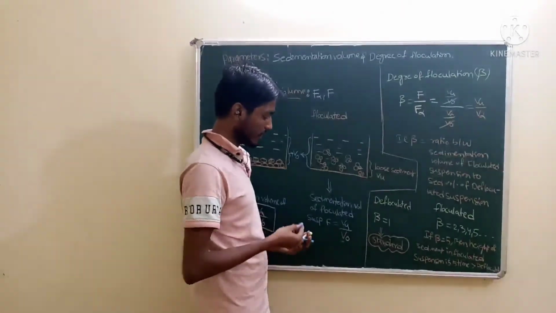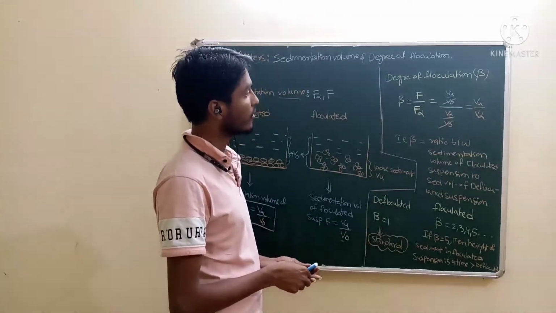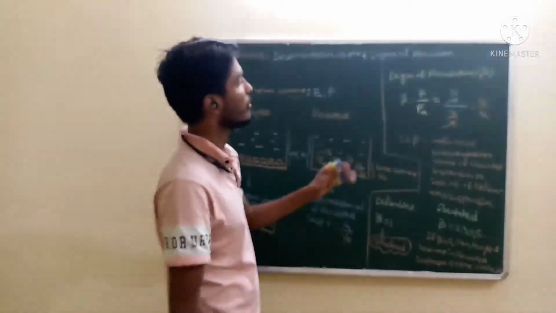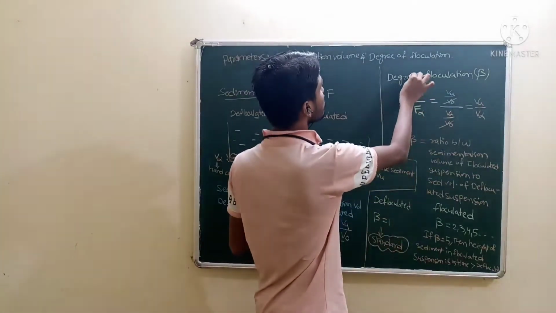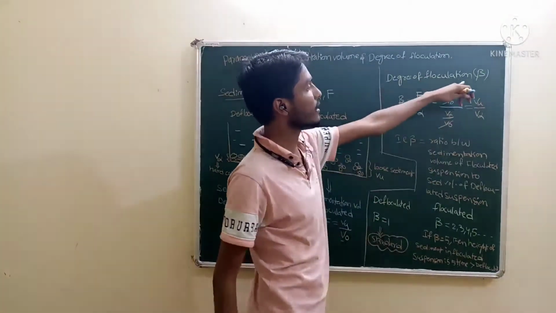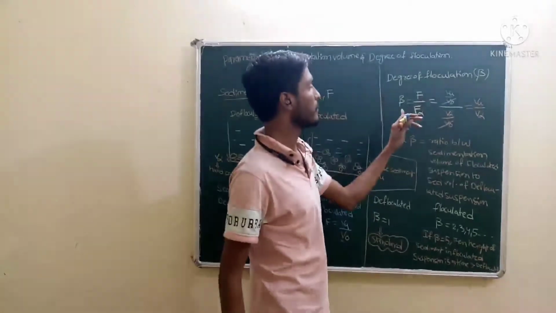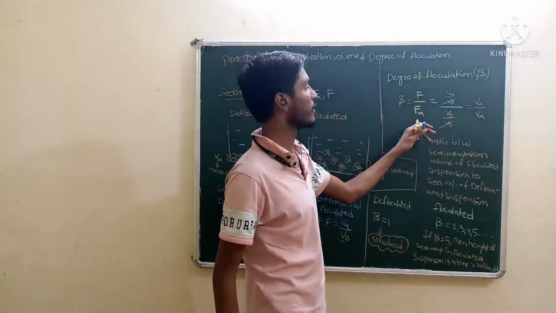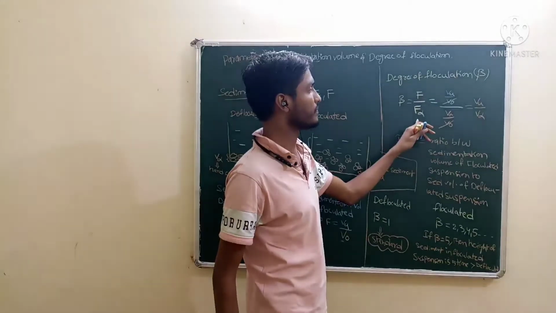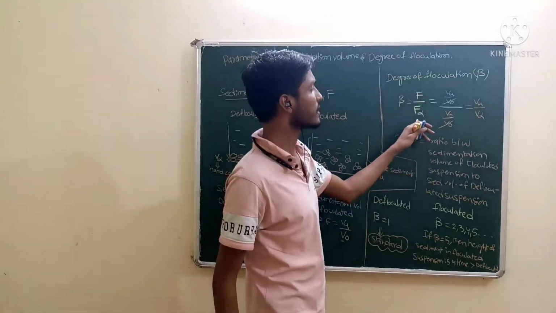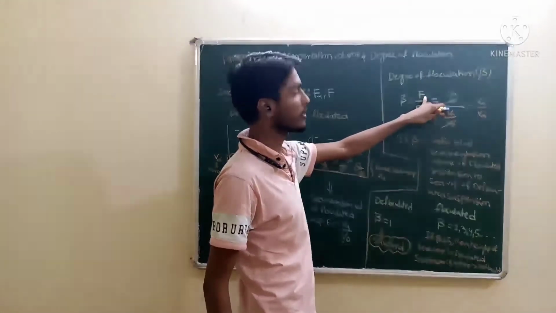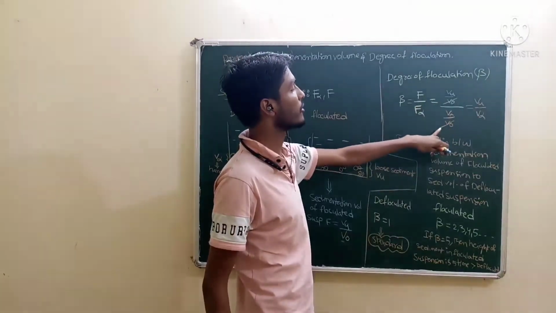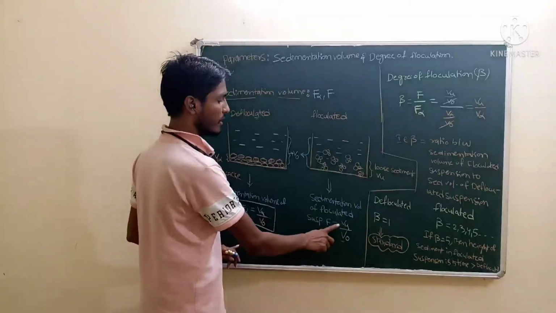So just by knowing this information, I come to know the degree of flocculation. The degree of flocculation I can represent with beta. Beta is equal to F by Fα. F means the sedimentation volume of flocculated suspension, divided by the sedimentation volume of deflocculated suspension.